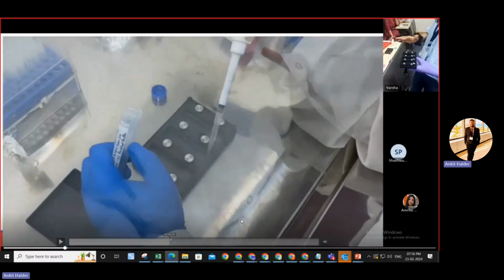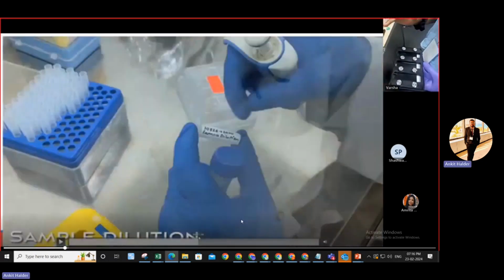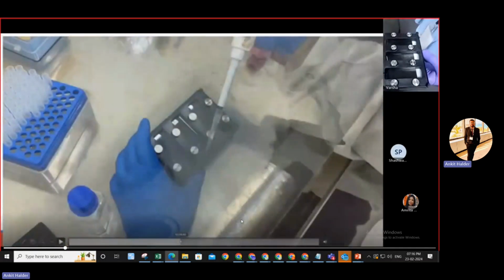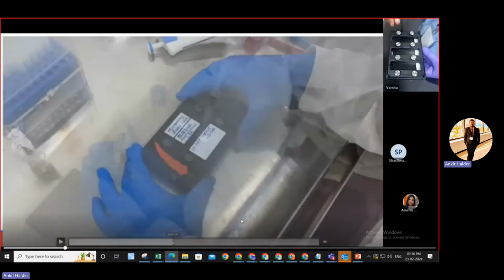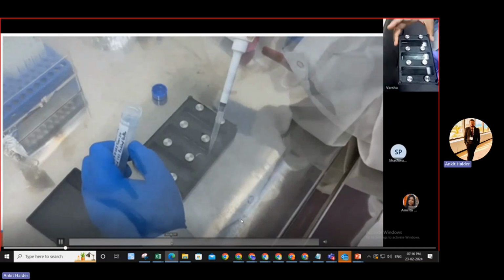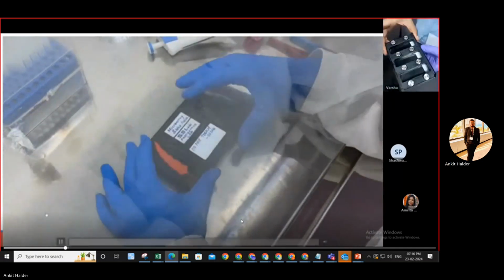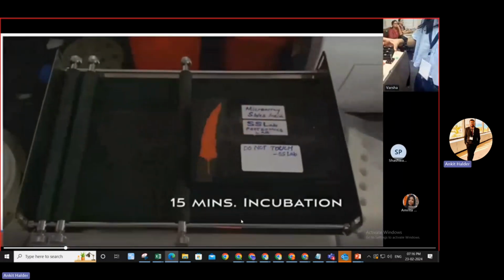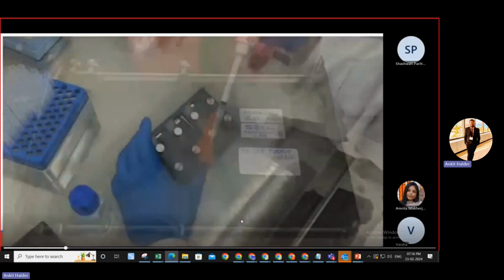One side would not be properly tightened, or the two were tightened very tightly. Because of too much pressure on the side, watch the video. So we just put it on and off.